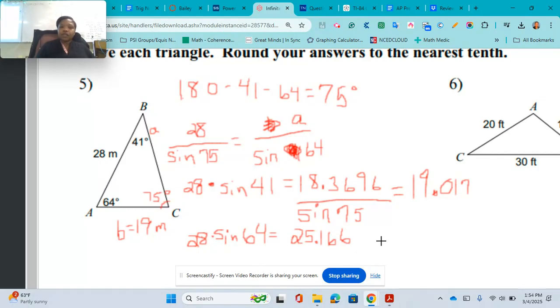All right. What is the last step? We did the cross multiplication, and the last step is to divide. What are we dividing by? What is left? The sine of 75.